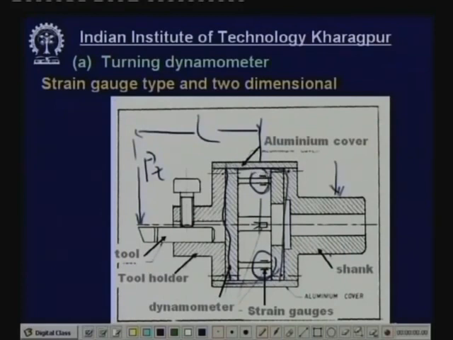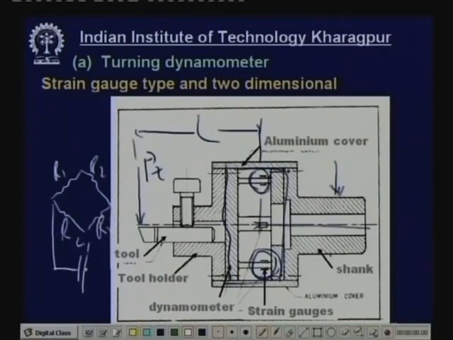So these are 2 gauges. This is the neutral axis, 2 at the top in tension and 2 at the bottom in compression. These 4 gauges are connected in a Wheatstone bridge: R1, R2, R3 in tension, R4, connected to a voltage, and this is the output voltage delta V. Of course this delta V is very small.